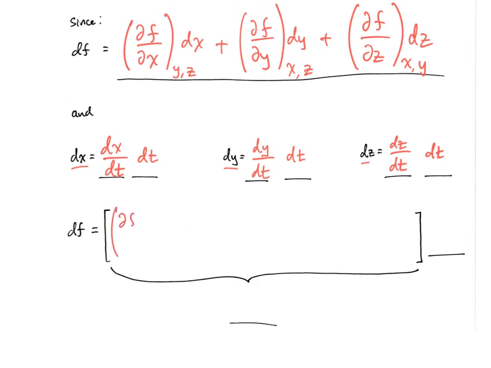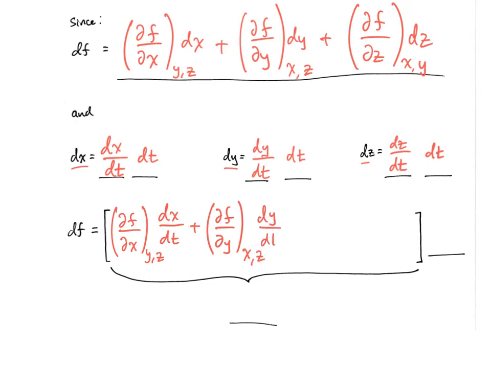I'm going to have partial f partial x with y and z constant, multiplied times dx dt, plus partial f partial y holding x and z constant dy dt, plus partial f partial z holding x and y constant dz dt.